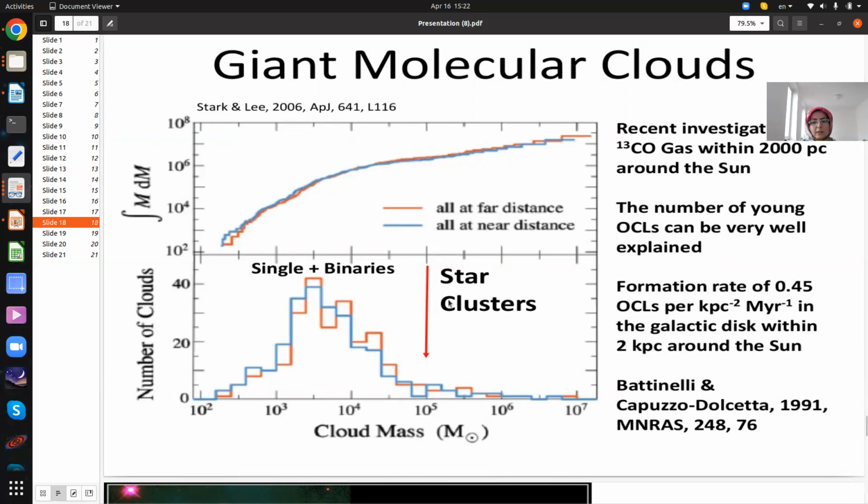And you see here there are star clusters and singles and binaries, all at far distance and all at near distance. Near our Sun, we have fewer star clusters.